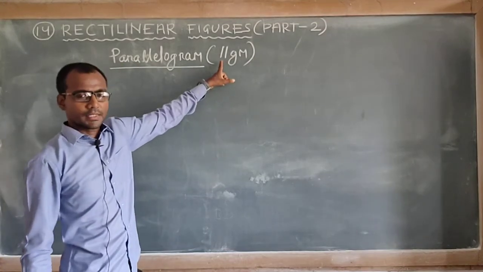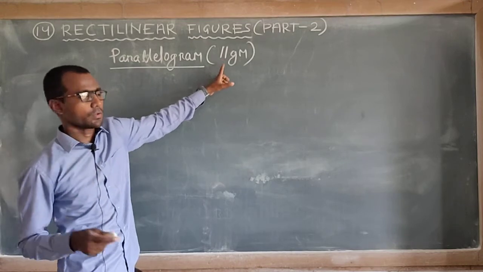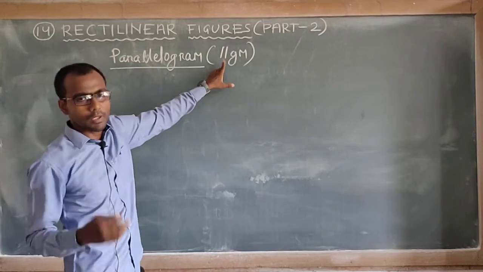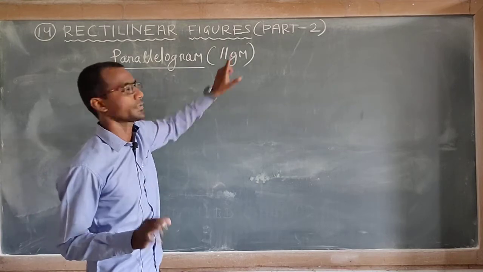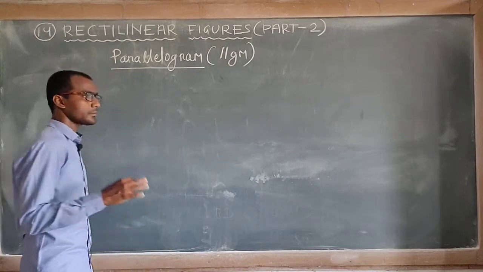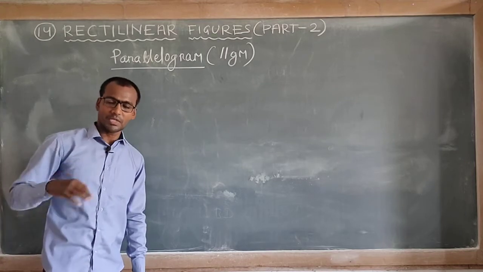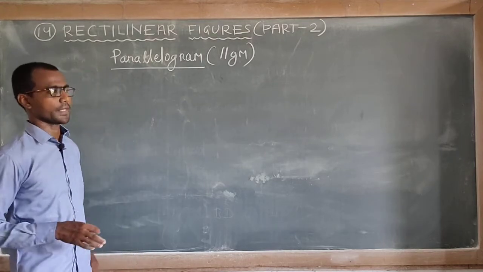Parallelogram can be written like this: parallel GM. Okay, so no need to write parallelogram. Whenever you want to show that a figure is a parallelogram, you can just write parallel and GM. Okay. You already know what a parallelogram is from your lower class. Still, I am giving the definition.